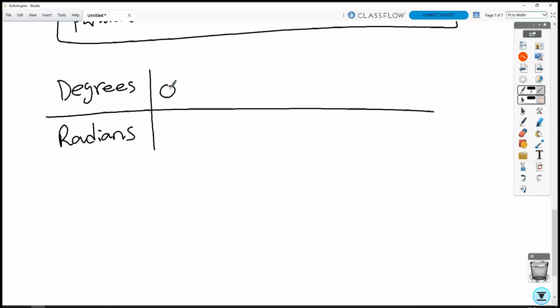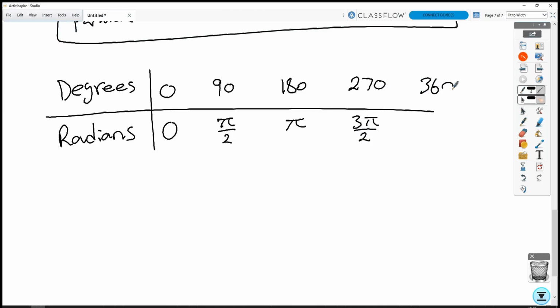So we've got 0 degrees corresponds to 0 radians. We've got 90 degrees corresponds to pi over 2 radians. 180 degrees corresponds to pi radians. 270 degrees corresponds to 3 pi over 2. And 360 degrees corresponds to 2 pi radians.